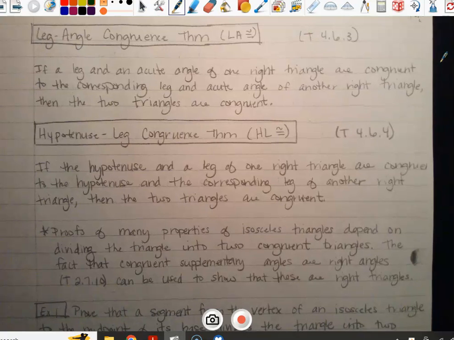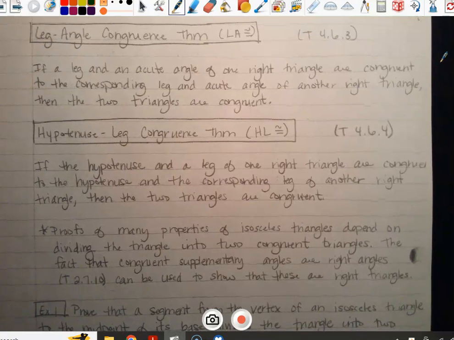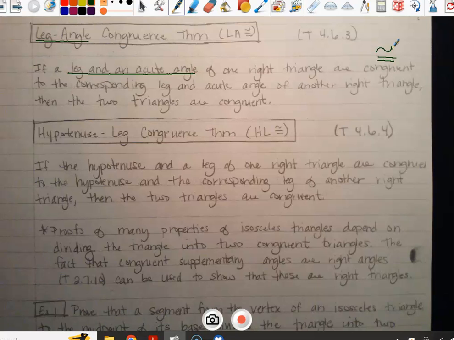All right, so on the back we have the actual theorems for the leg angle. Okay, so leg angle congruence theorem: if a leg and an acute angle of one right triangle are congruent to the corresponding leg and acute angle of another right triangle, then the two triangles are congruent.